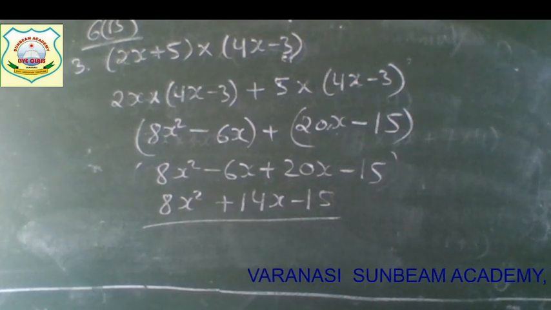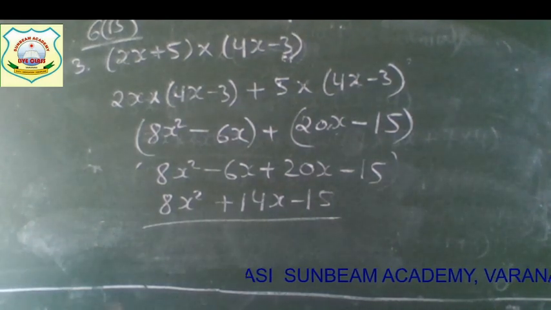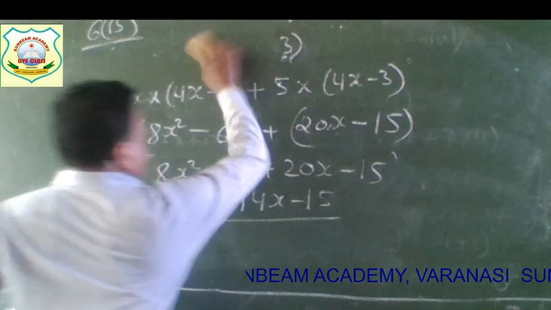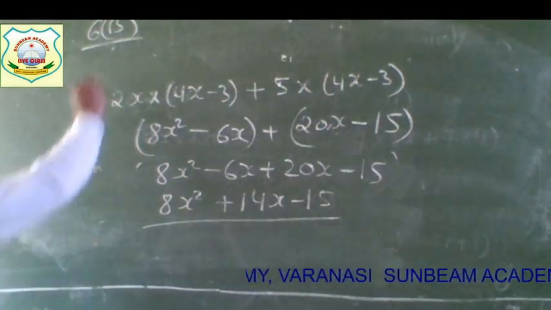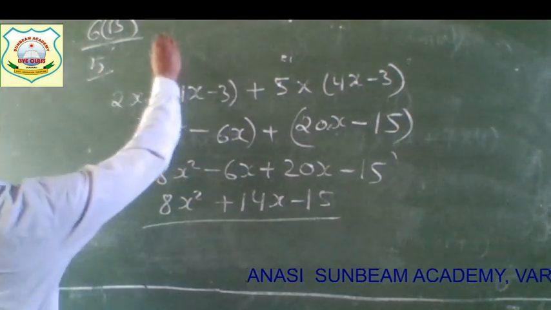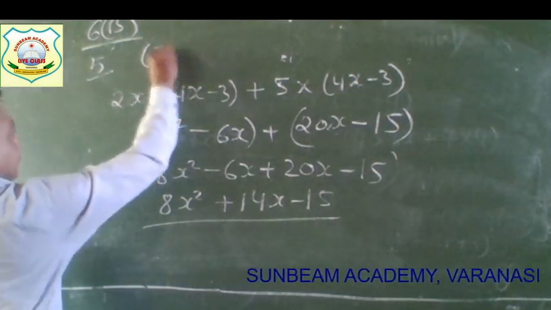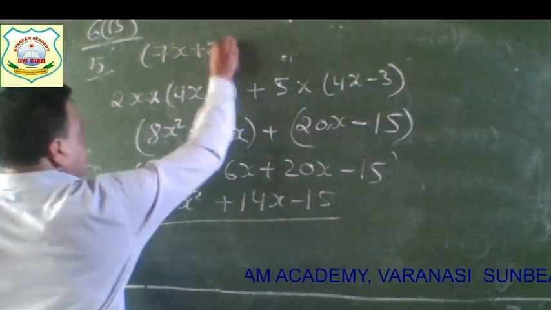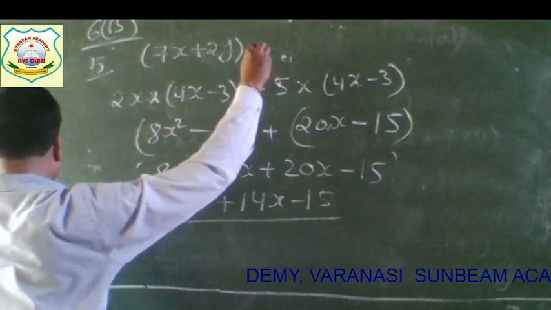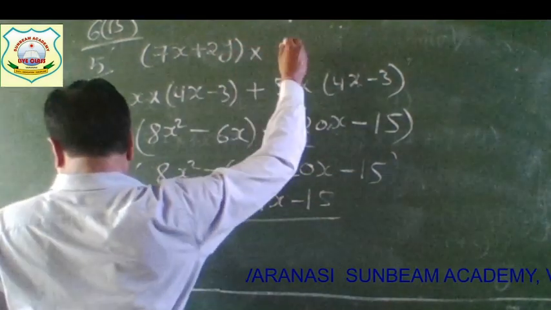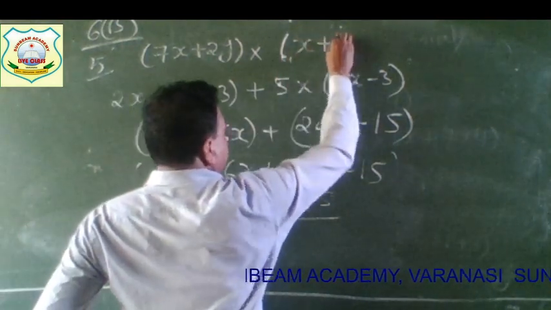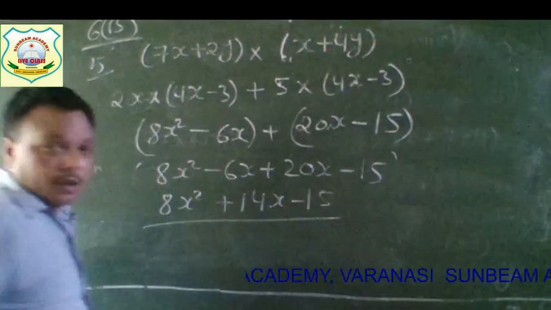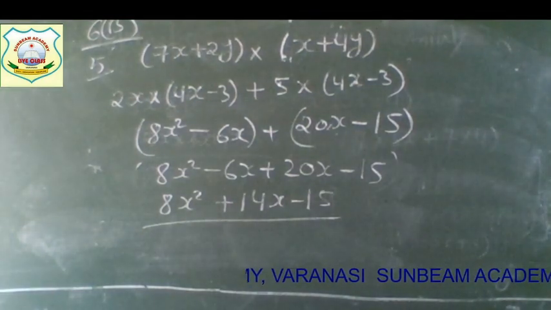Okay, noted. Now just going to question number 5. Question number 5. They are given (7x + 2y) multiply (x + 4y). Okay students, x plus 4y.